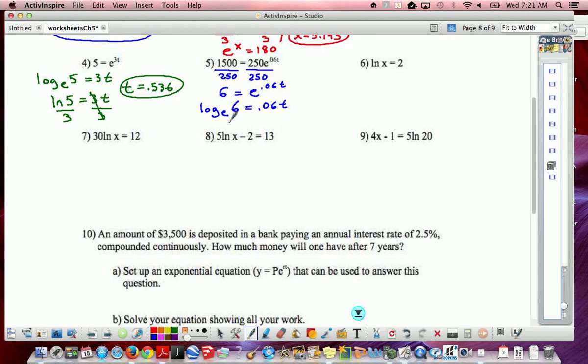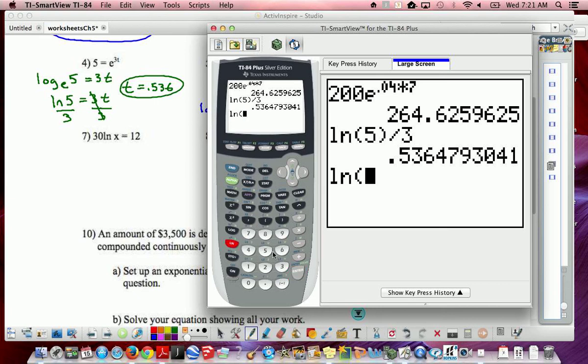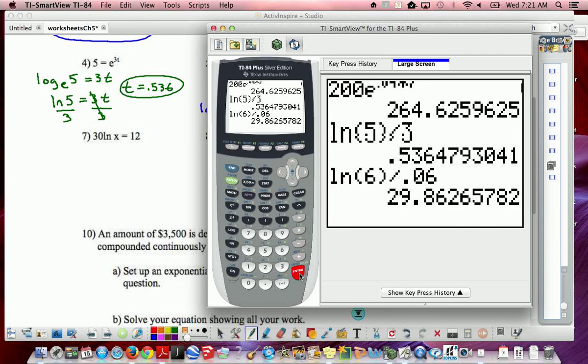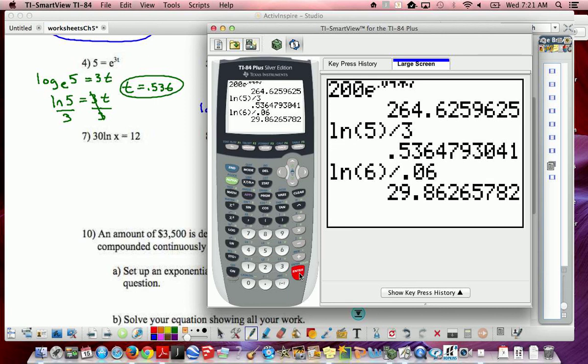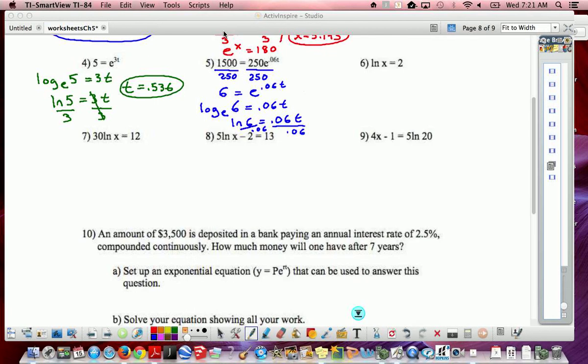Log base e again is natural log. So natural log of 6 equals 0.06t. So I'm going to divide both sides by 0.06. But, so on my calculator, natural log of 6 divided by 0.06. And I get 29.863. So t equals 29.863.